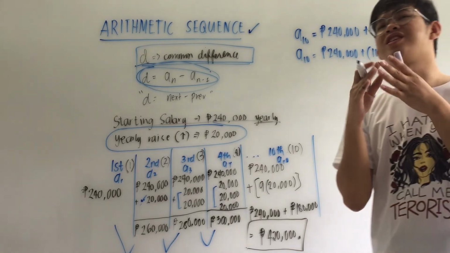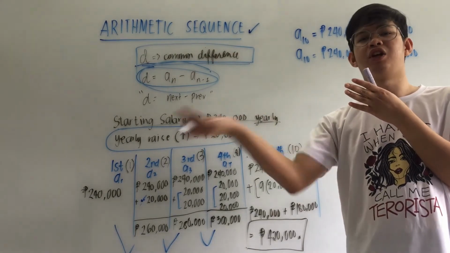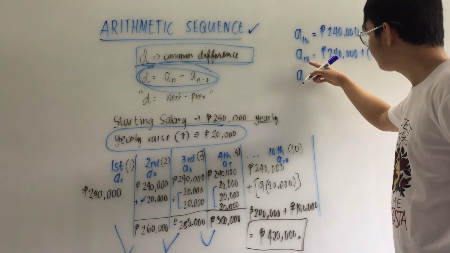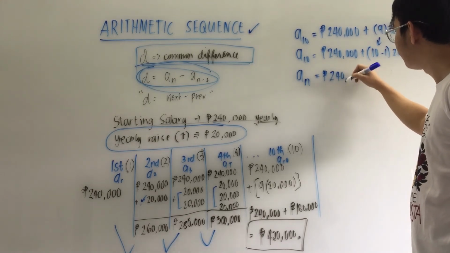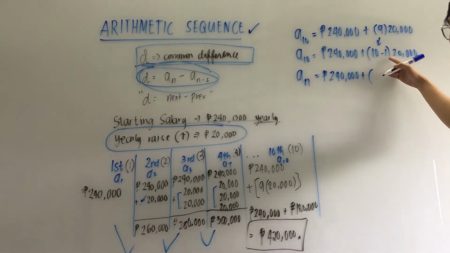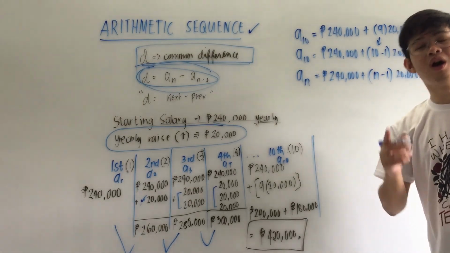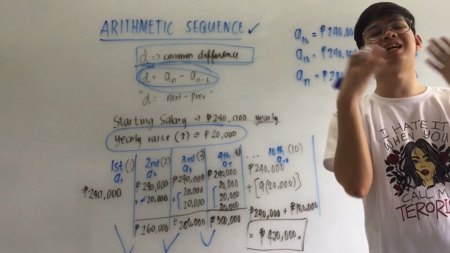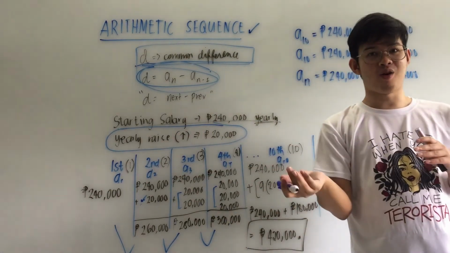When you say n, it could be the 20th term, or the 60th term, the 100th term, etc. So now let's change 10 to n, and then this becomes 240,000 plus, of course, n minus 1 times 20,000 pesos. So do we need to undergo every process? No! Once we arrive at the formula, it will be yours. You will be applying that to the next examples. This problem is just for us to derive the formula, okay?